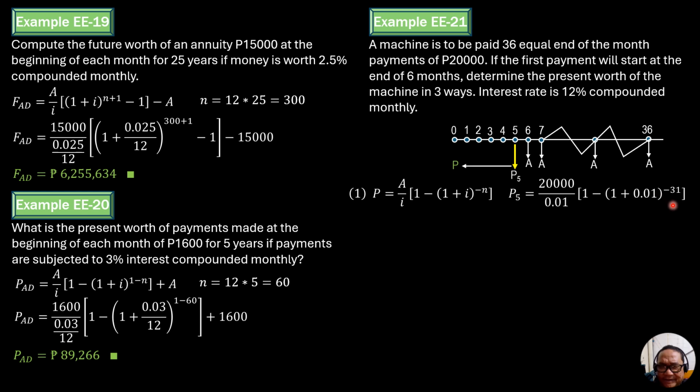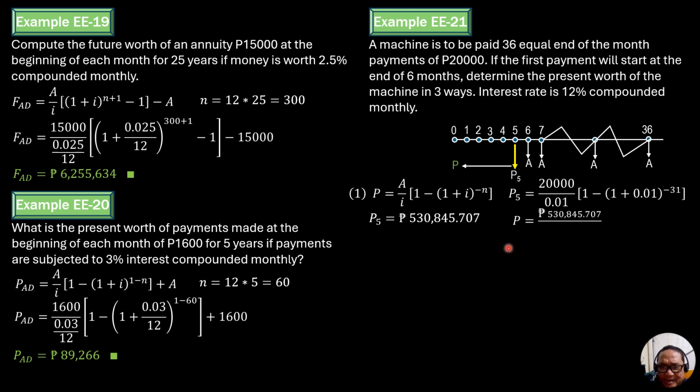So substitute, and you have negative of 31, 36 minus 6, then plus 1. So computing, P5 is equal to 530,845.707. So the present worth, therefore, is we divide this further by 1 plus I, 1.01 raised to 5.